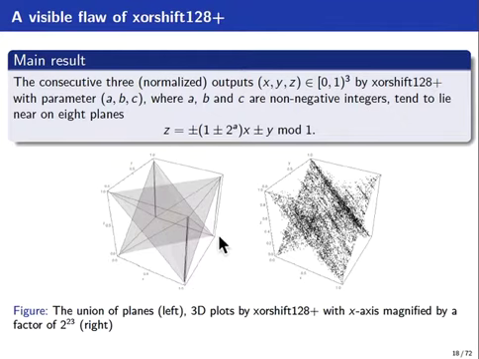The left picture shows the union of the 8 planes in this cube. The right picture is the same planes, together with the random points generated by Xorshift128+. These pictures show that the generated points are very close to these planes with high probability.